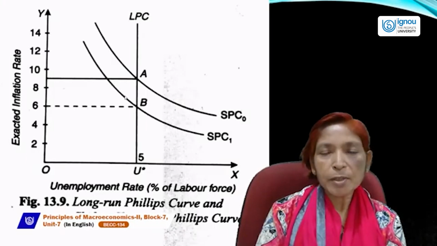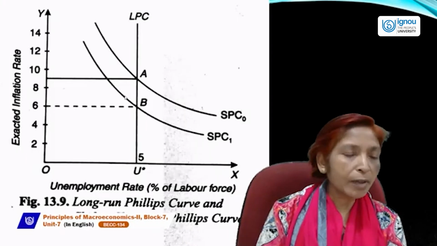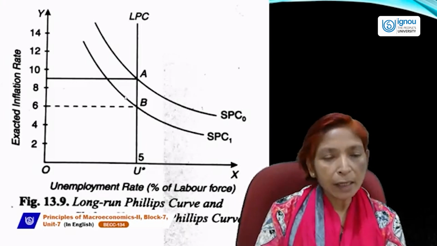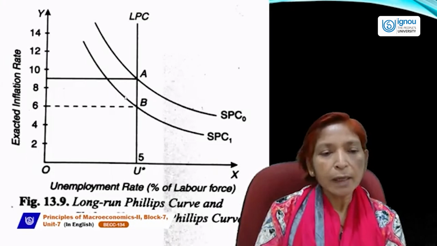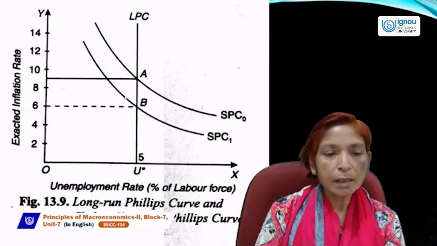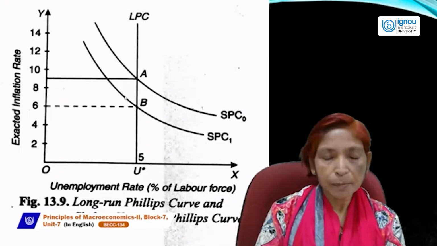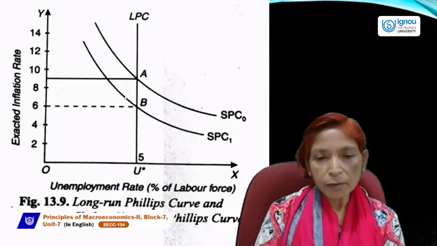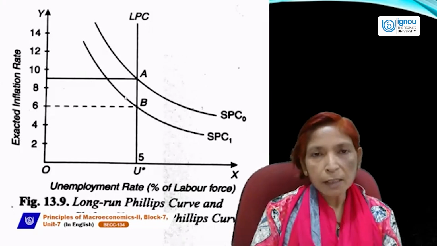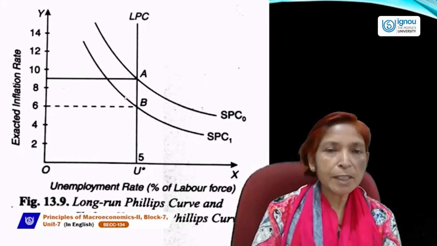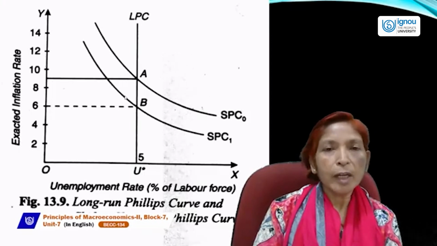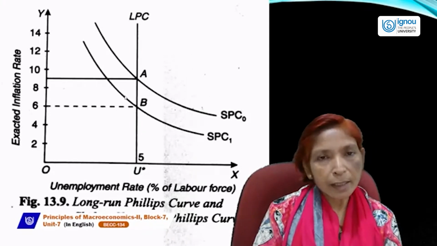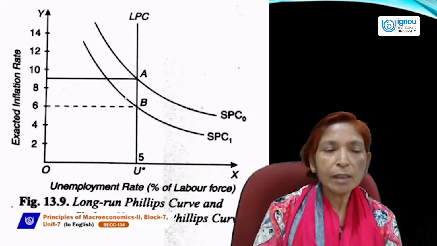When the short run Phillips curve shifts leftward, the new equilibrium point will change from A to B. At this new equilibrium point B, the inflation rate will fall from 9 to 6. It means if the Phillips curve shifts leftward, the inflation rate will fall, and if the Phillips curve shifts to the right hand side, then the inflation rate will rise.